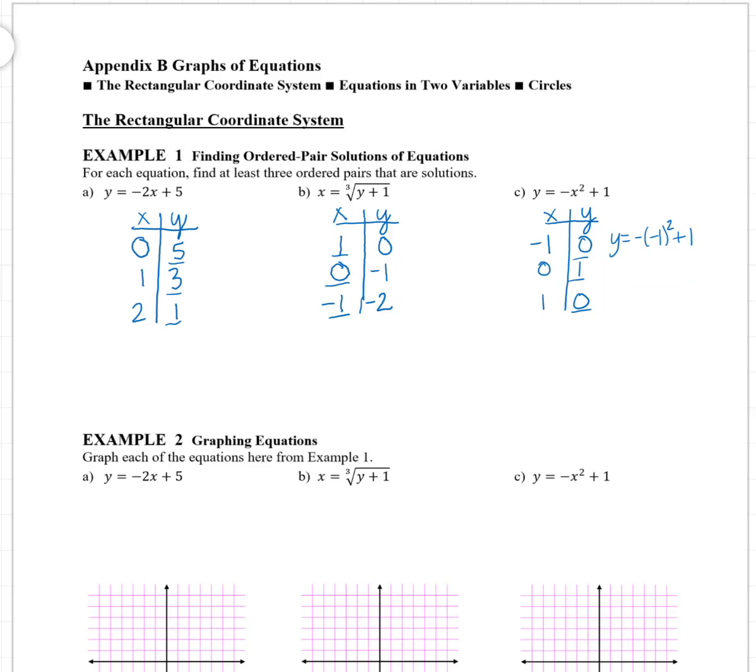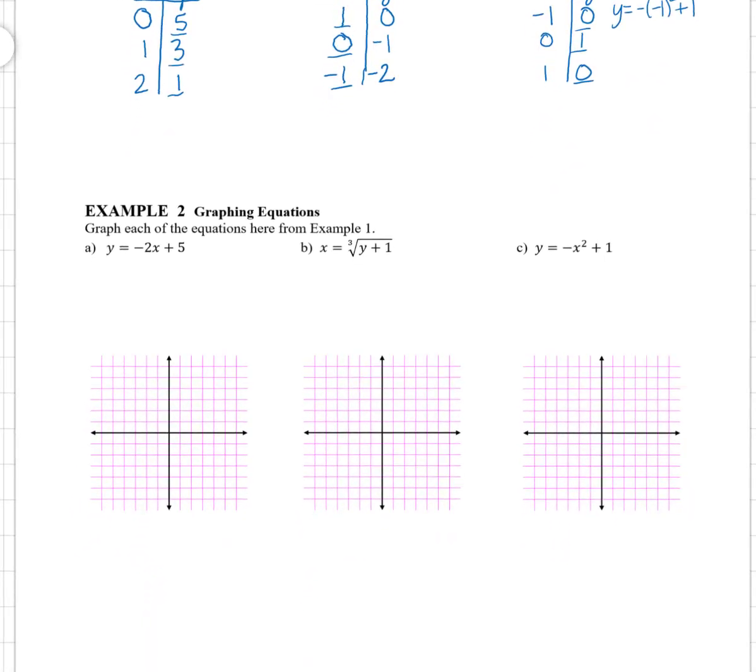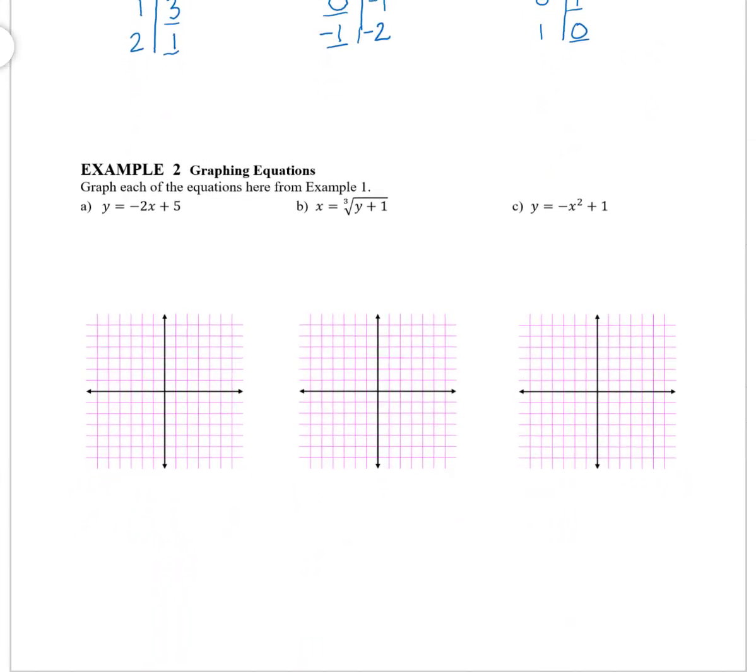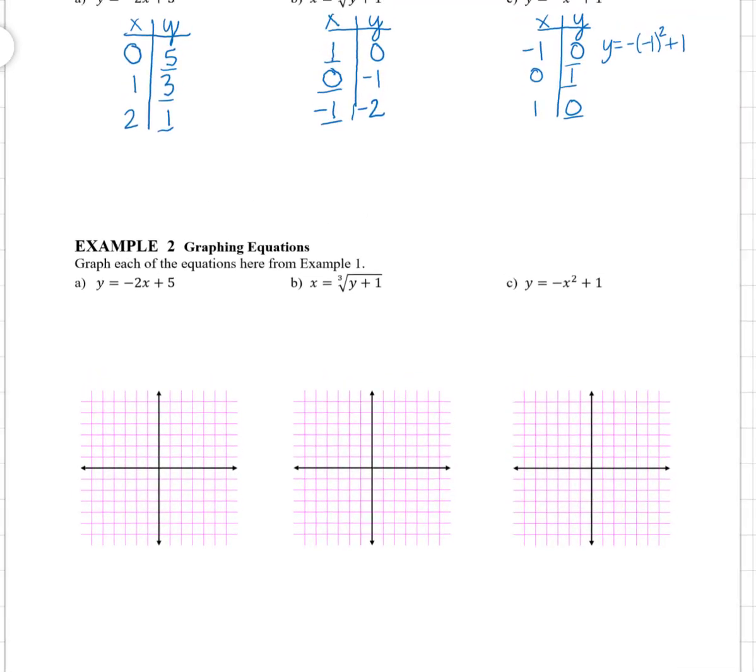Now for example 2, do you see how we have the same equations? So what I'm going to do is just take those values that I came up with for x and y and plot them. Remember the rectangular coordinate system, we have the x-axis and the y-axis.